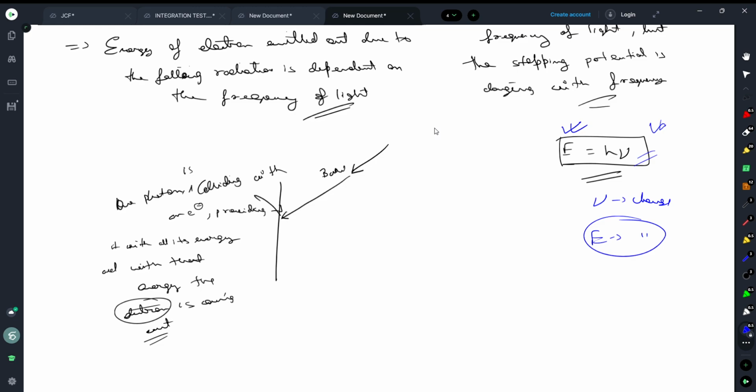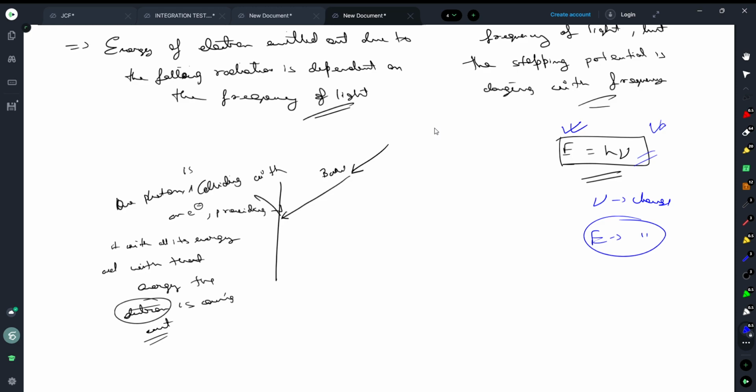Light is the only source of energy for the electrons being emitted. Whatever energy is provided to the electron is given by the light itself. So whatever change takes place in the light energy, the same simultaneous change takes place in the electrons. If the energy of the electrons changes with frequency, that means the energy of the light is also changing with frequency.